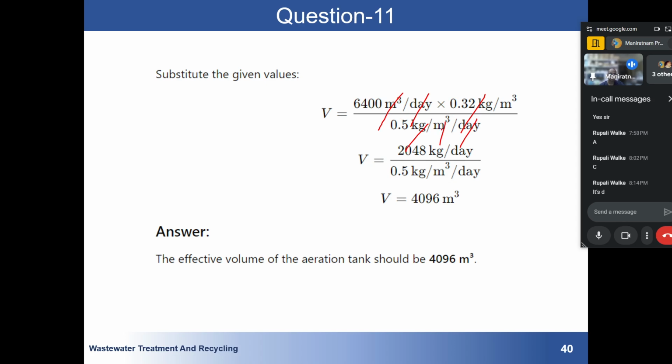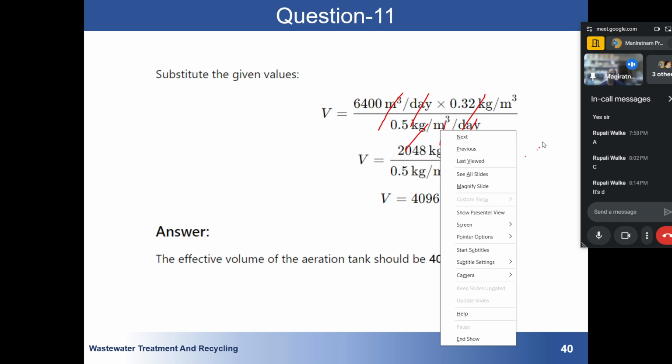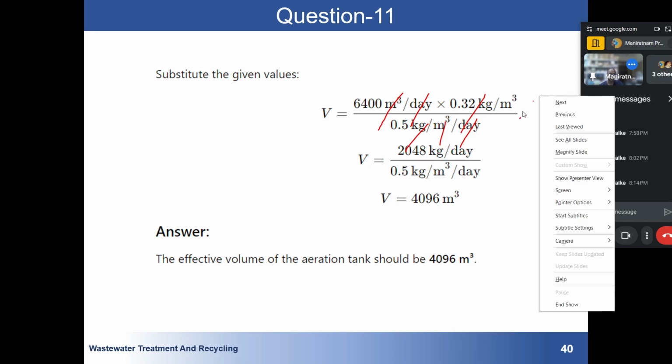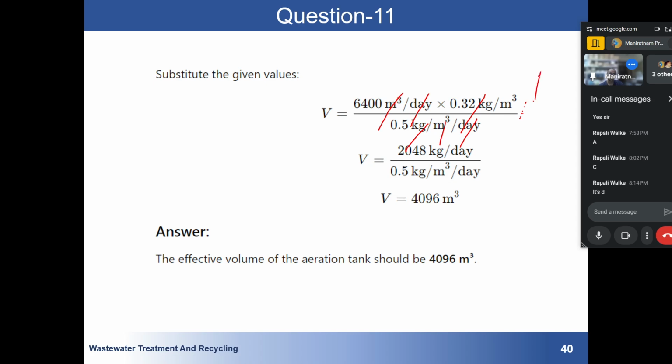Remember which meter cube will get cancelled out; one meter cube will be saved. This and this will get cancelled out, and eventually this will go up. So finally, you will have V equal to 4696 meter cube. I hope this is clear to you.